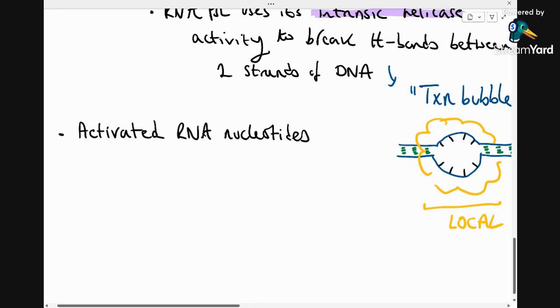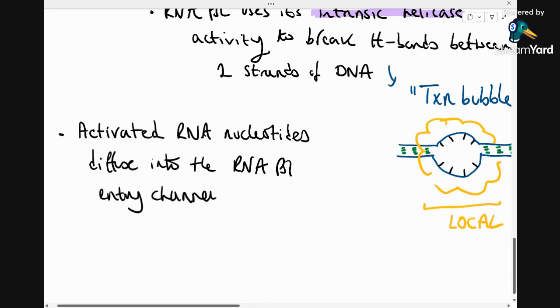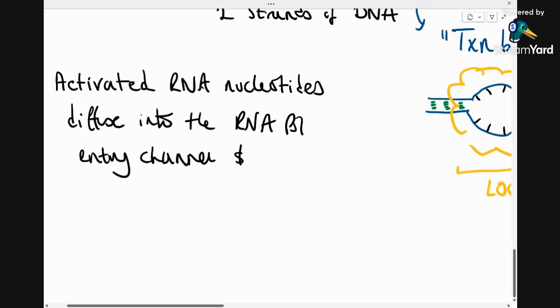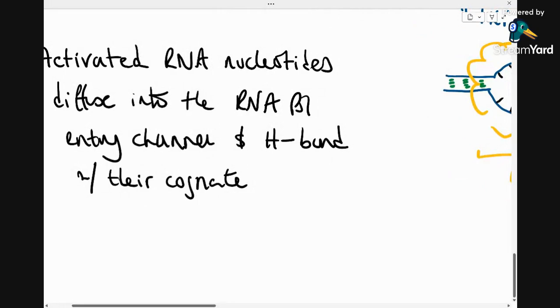Activated RNA nucleotides diffuse randomly into the RNA polymerase entry channel. I'll explain this in a minute. And hydrogen bond with their cognate, their partner, their complementary base pairing, their cognate base on the template strand.